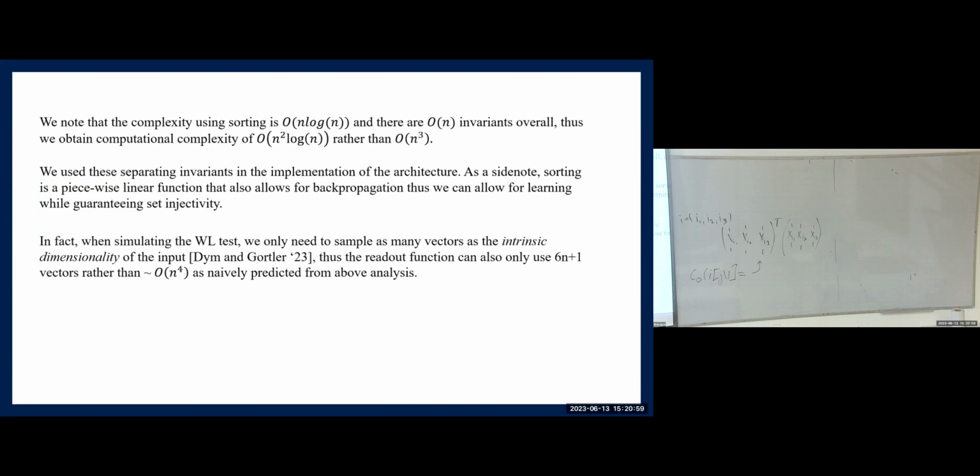But what we actually showed is that you don't need to consider each step in the process independently, and you can consider only the dimensionality of the input data. So even if we have a set of O(n^4) elements, or O(n^3) elements, we only need 6n plus 1 vectors in order to define the injective set mapping of the final readout function.